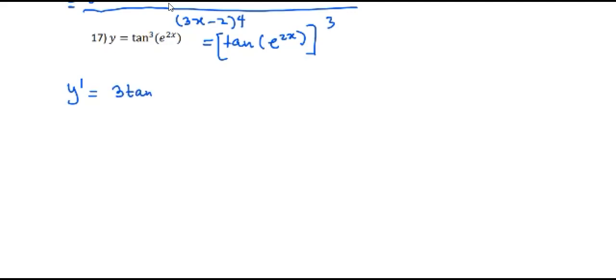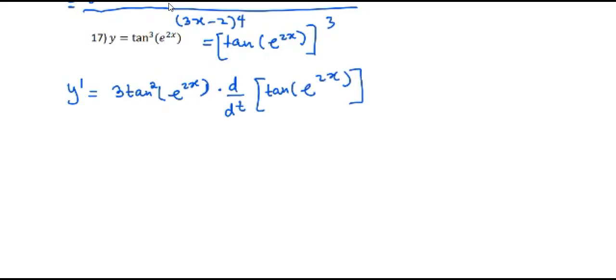times tan of e to the 2x, and all of this is squared. So we're squaring the tangent function. And then we want to multiply that by the derivative of tan of e to the 2x.